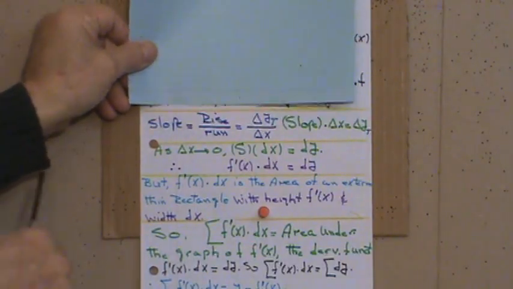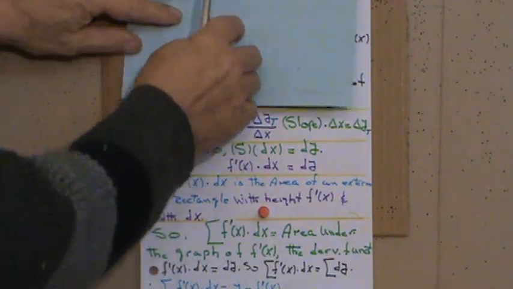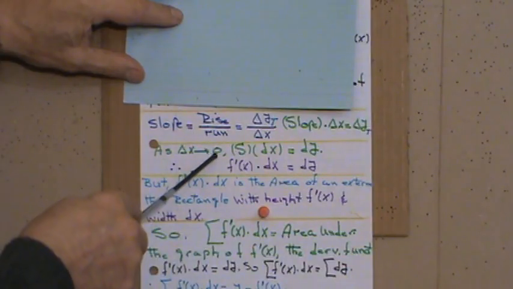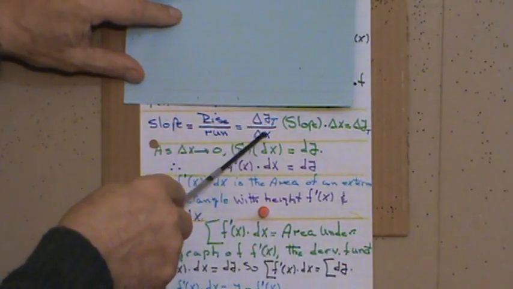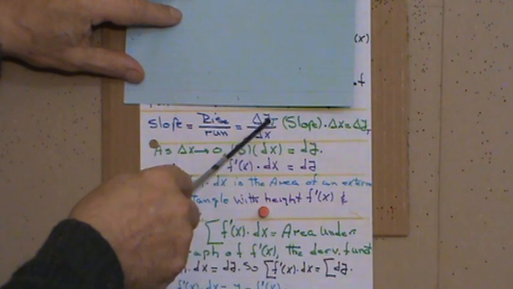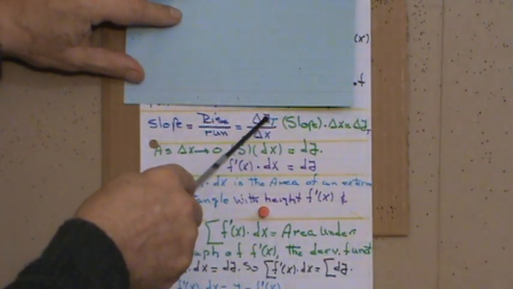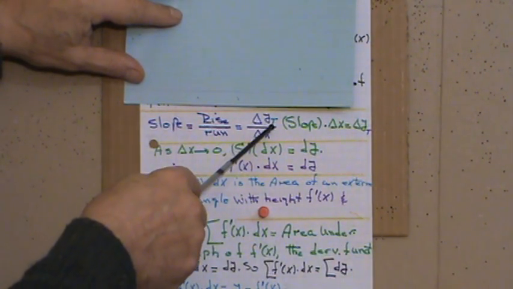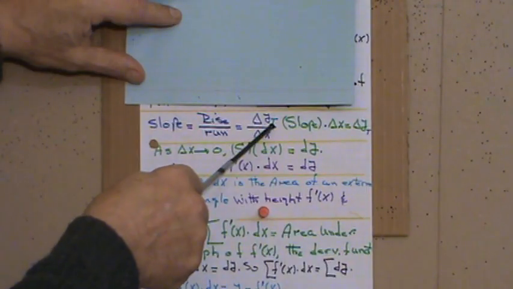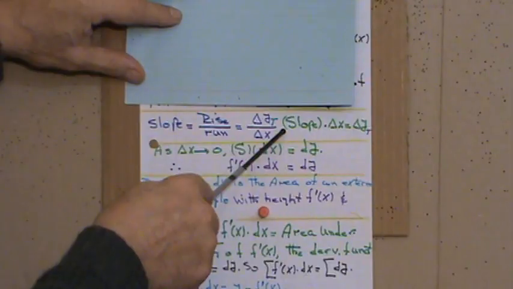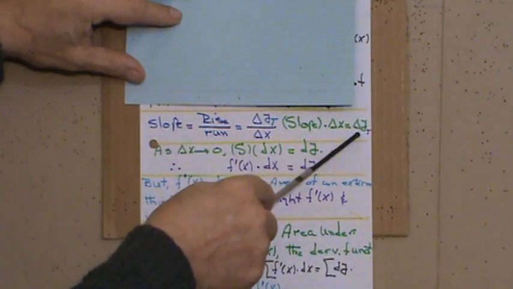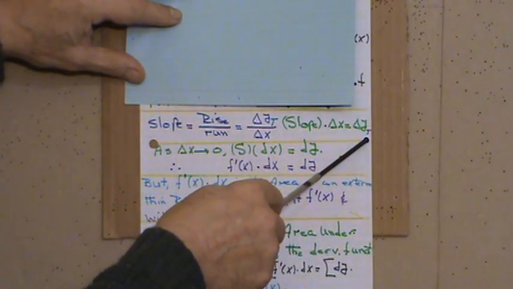Now, a slope we know is equal to rise over run. Is that right? And now I wrote delta y over delta x, but I put t here. That means delta y, the change of y of the tangent line. Not the graph of the mother function, not f of x, but the tangent line. So a slope times delta x equals delta y of the tangent line.